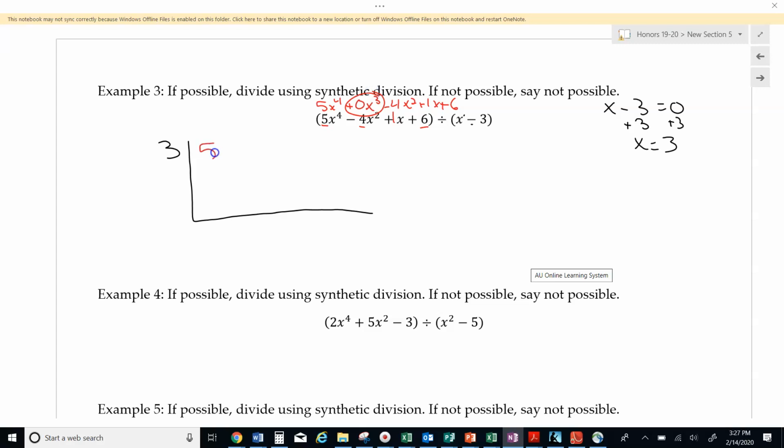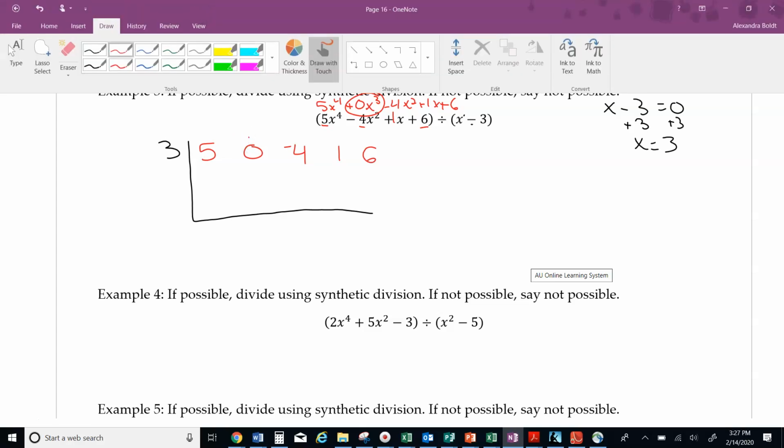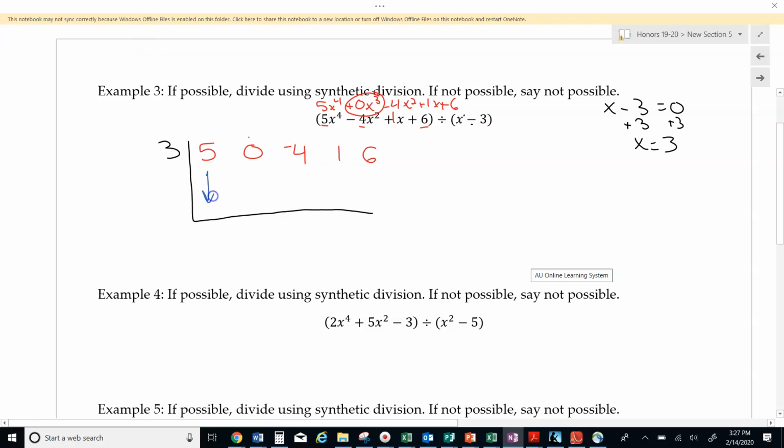So I should have 5, 0, -4, 1, and 6. We can't forget that 0. Now we're going to do the same thing. Bring down that 5.